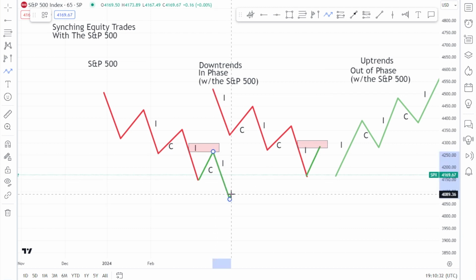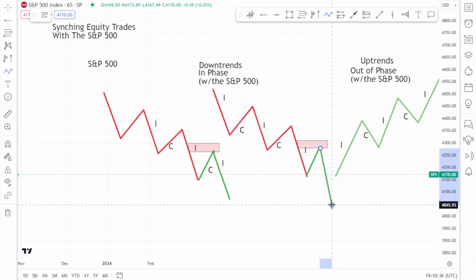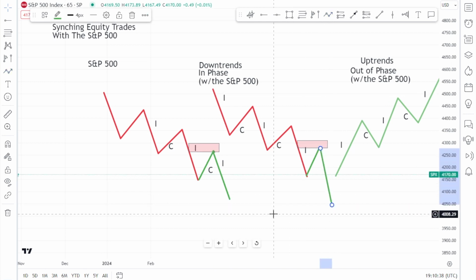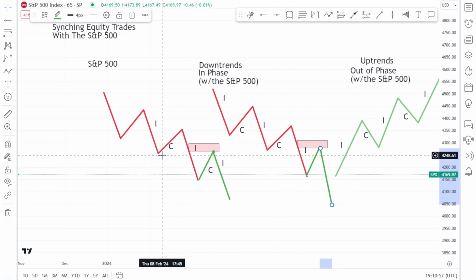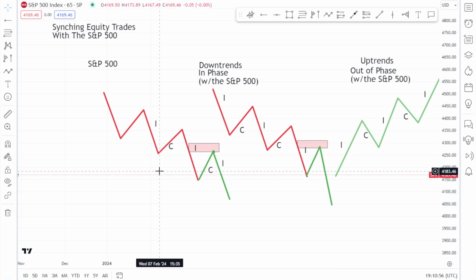And right in sync with the market, I'm expecting my stock to turn down right along with it. Now, the difference should be the stock should go down a lot more percentage-wise. If I'm choosing my stocks correctly, looking for high beta, higher volatility, it should go down more percentage-wise than the index goes down. All right, so that's a way to be more aggressive, right?